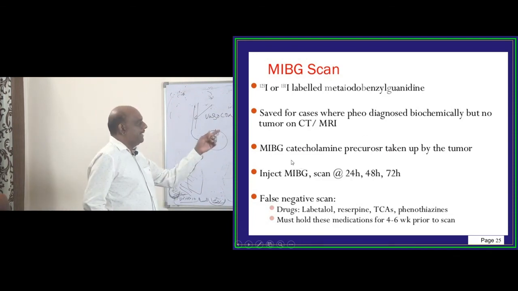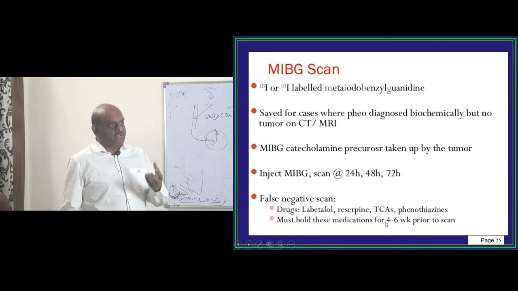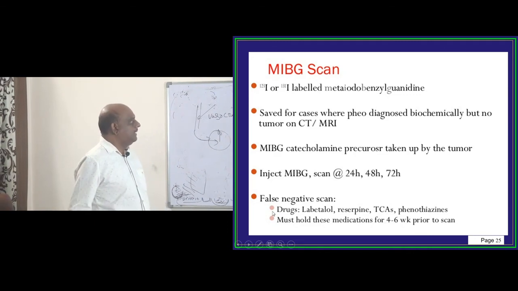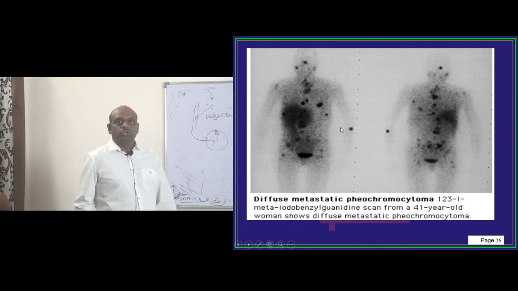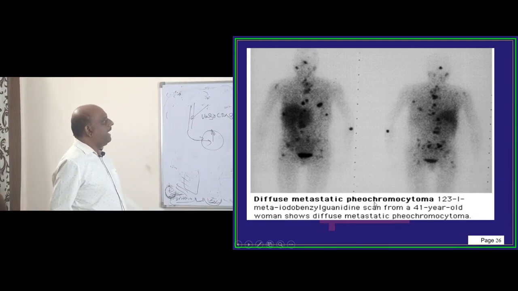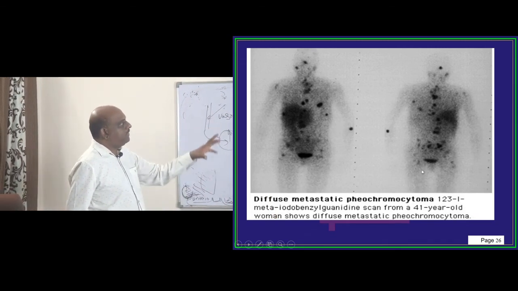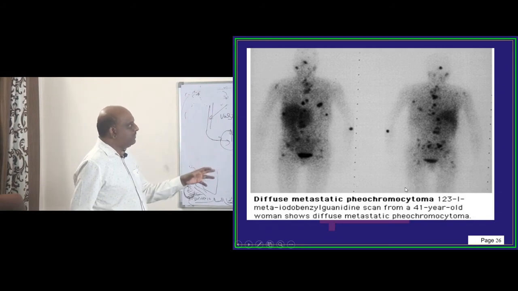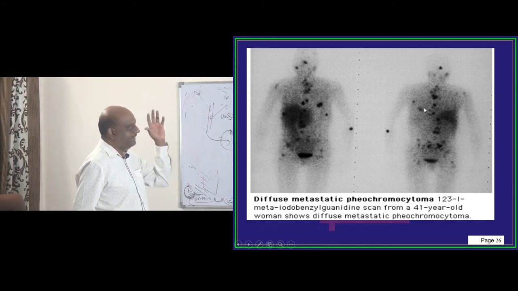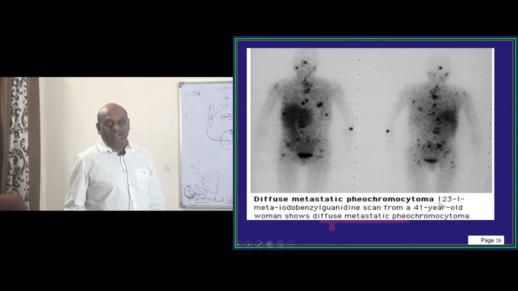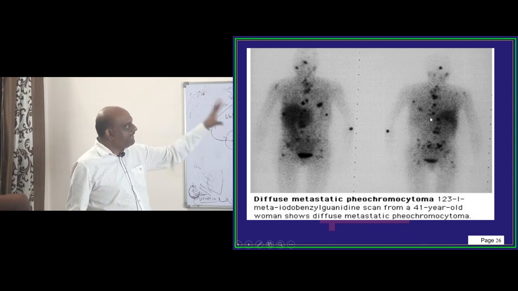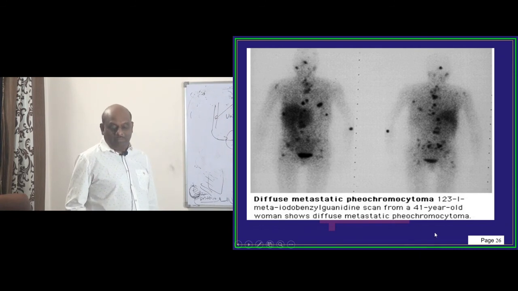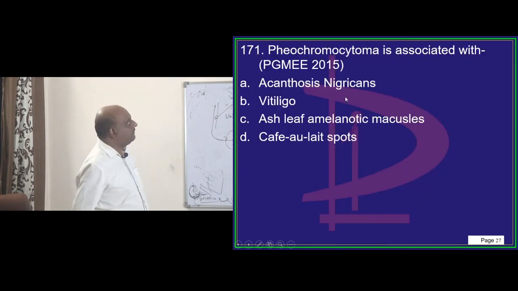And MIBG catecholamine precursor is taken up by the tumor. That is how you do the MIBG scan. So if you have done a MIBG scan in a 41-year-old individual, you can see a diffusely metastatic pheochromocytoma is detected in the case of the MIBG. Typical appearance of the MIBG scan is what you have to remember.